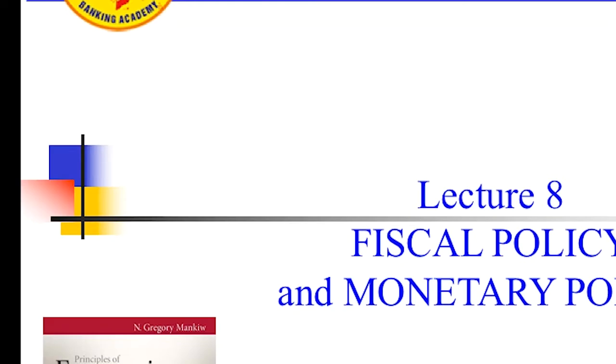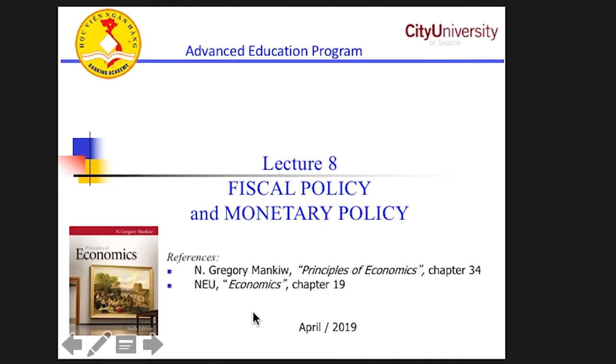Lecture 8, Part 2. After we finished Lecture 8, Part 1, to determine the multiplier effect of fiscal policy, now we will analyze the next effect of this policy, that is, the crowding out effect.